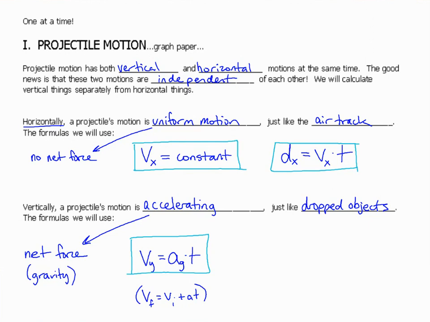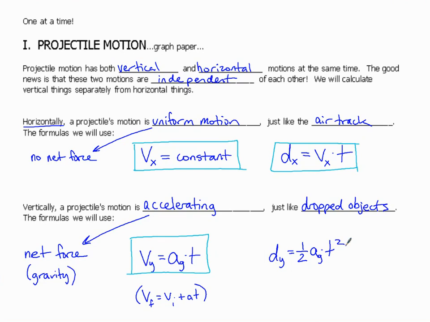Finally, and this is the last one, so we've talked about velocity, we've talked about distance. Horizontally, we've talked about velocity. Now we need distance vertically. The vertical distance equals 1/2 times the acceleration of gravity times the square of the time.